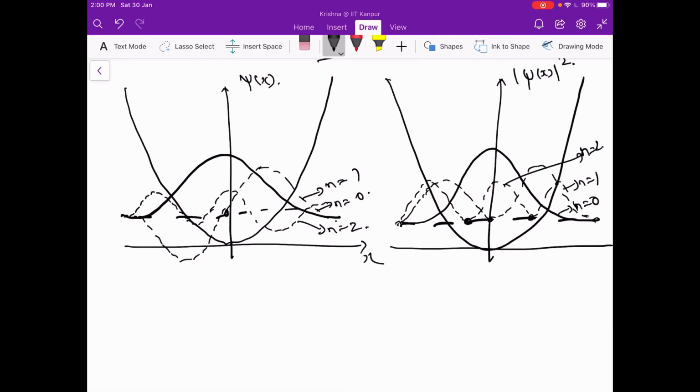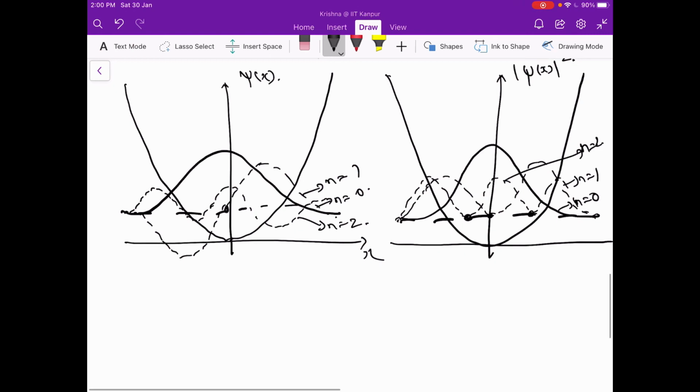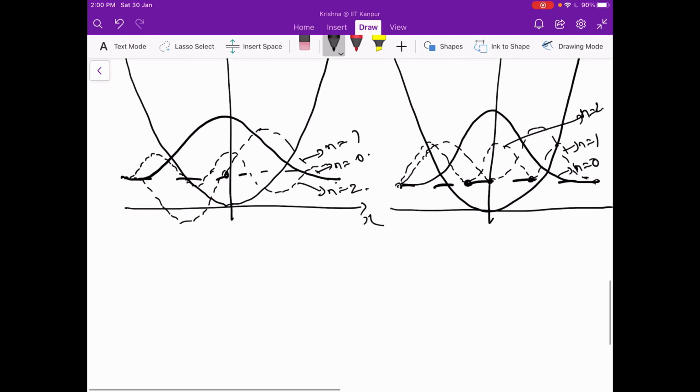It will be instructive to compare this one with the function that we have previously seen, which also has similar characteristics with potential going to infinity as x goes to infinity, right? We saw this infinite square well potential. So I'm just going to keep it here and compare.